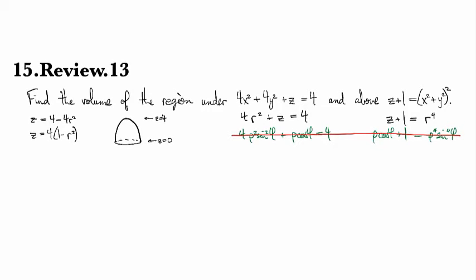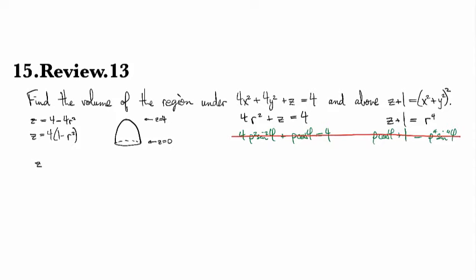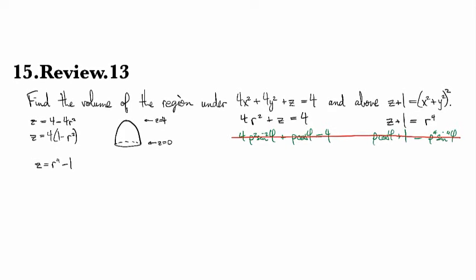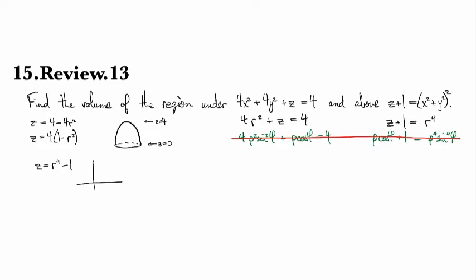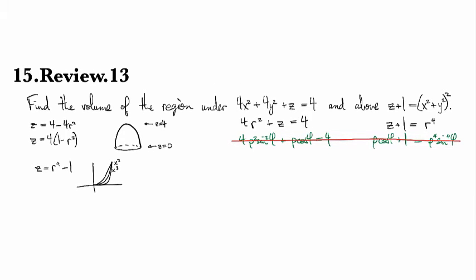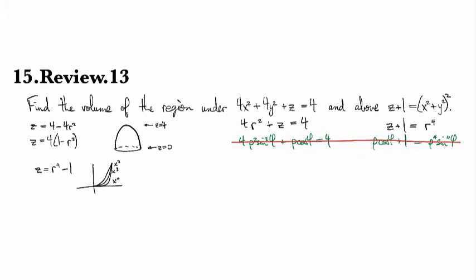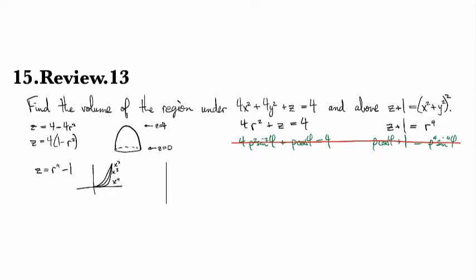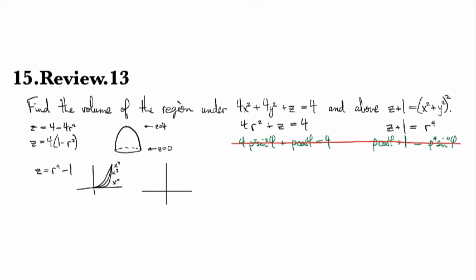What about the other shape? Solving that equation, we've got z is equal to r to the 4th minus 1. So if we've got x squared, x cubed, and then x to the 4th going on like that, then what this would look like is a surface of revolution of that x to the 4th one.